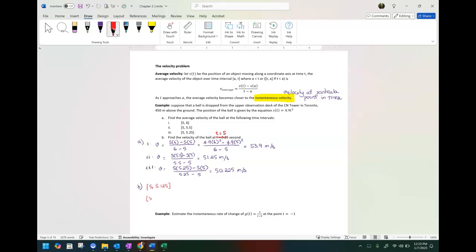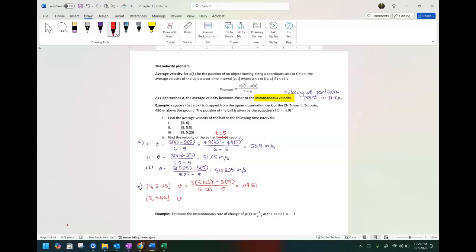Then the time interval 5 and 5.06. We can calculate the average velocity as S of 5.125 minus S of 5 divided by 5.125 minus 5. Plugging into the formula, we got 49.61.